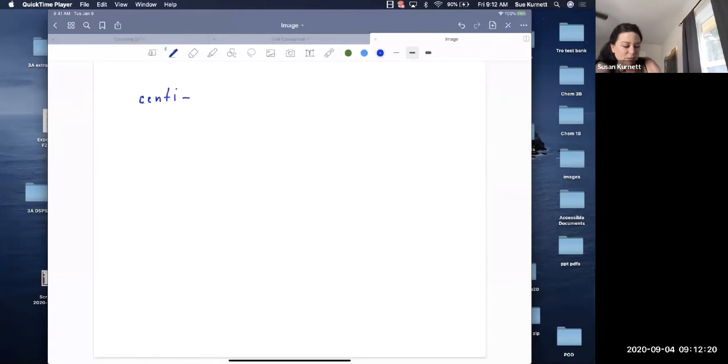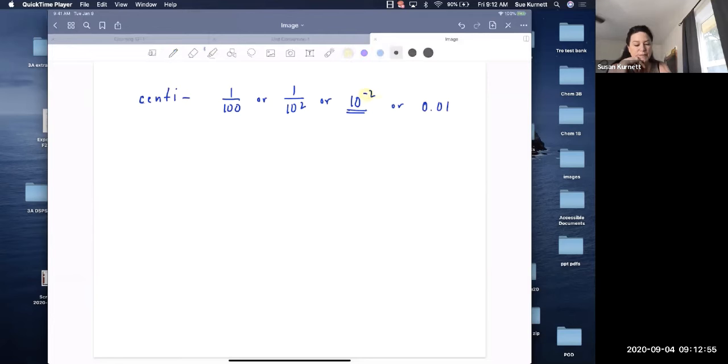And centi means 100th, which could be written this way, or it could be written this way. So it doesn't matter which way you look at it. I'm going to focus on the exponential. And because this number is less than 1, this exponent is negative. So how many cents in a dollar? There are 100 of these small things in the larger group we call a dollar.